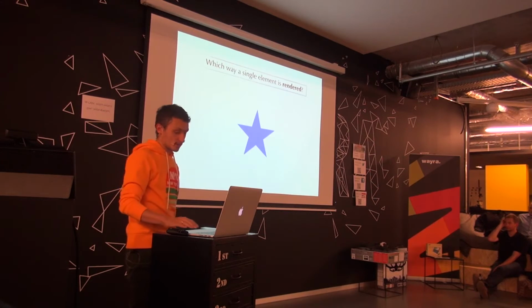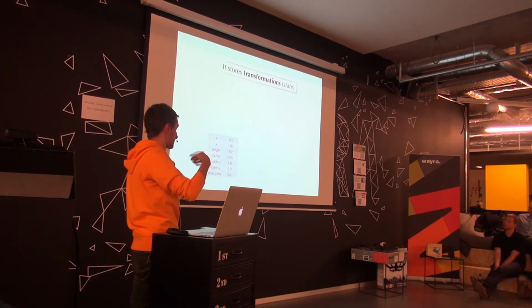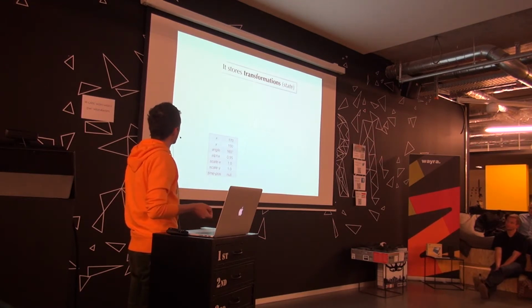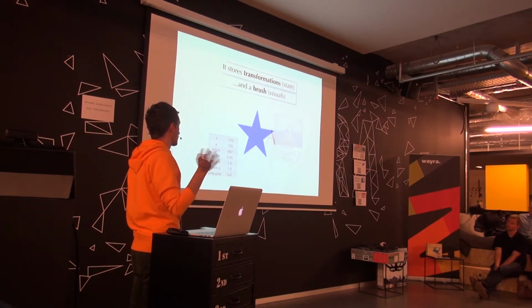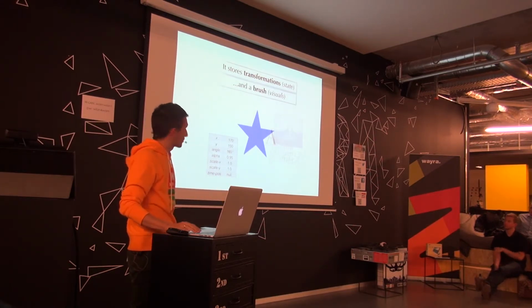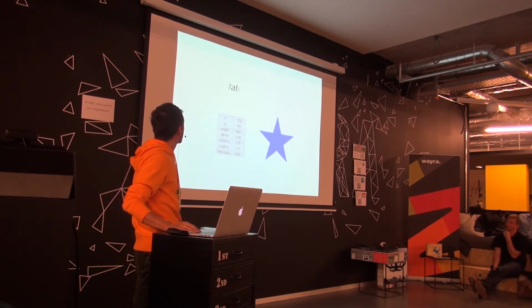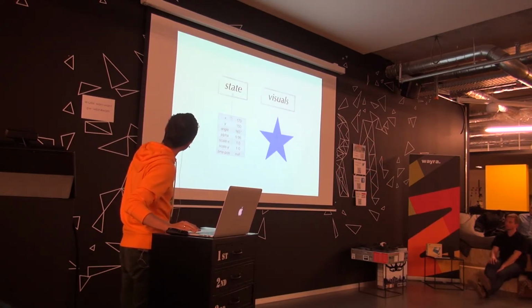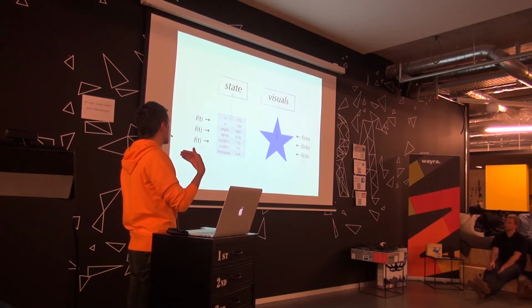Every element consists of its transformations, the state, and a brush, which is the visuals like text or image or shape or anything. Together, and the user.